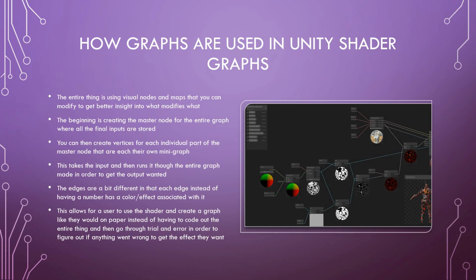It also helps because this way you can do it as you would if you were doing a graph on a piece of paper, allowing, I would say, easier access and easier understanding of it versus if you had to figure out how to put it into code.